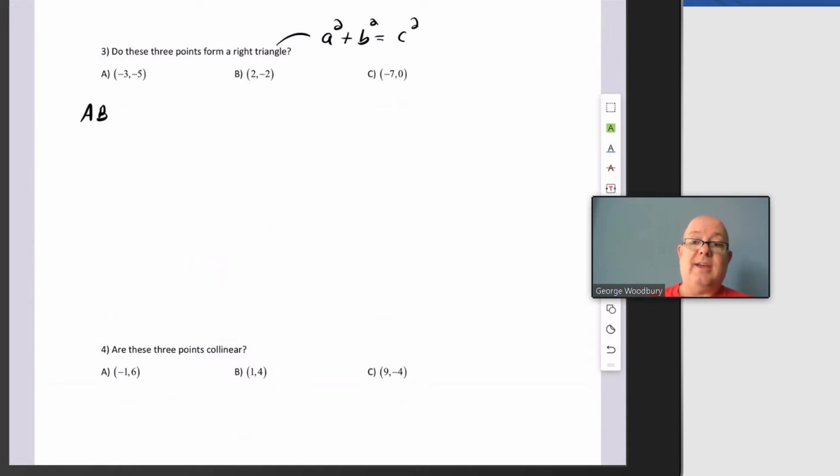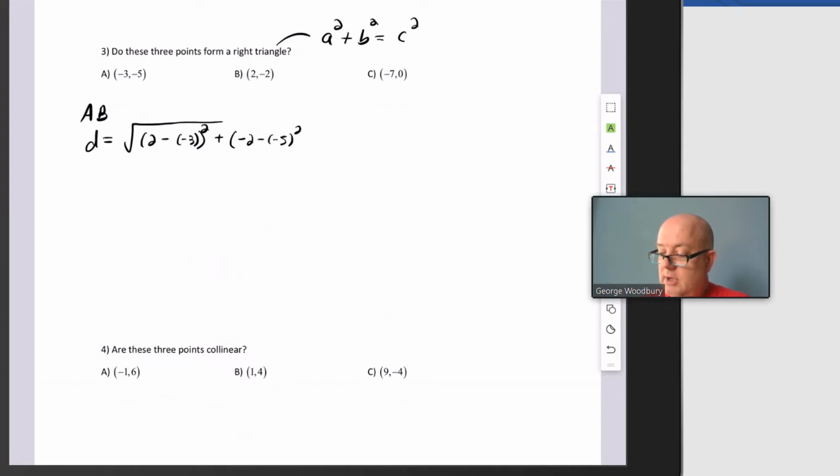And A is -3, -5. B is 2, -2. So this distance is going to be the square root of the second x, which is 2, minus the first x coordinate, -3. And that's going to be squared. Do the same thing with the y coordinates. That's -2 minus -5, all squared. 2 minus -3 is the same as 2 plus 3.